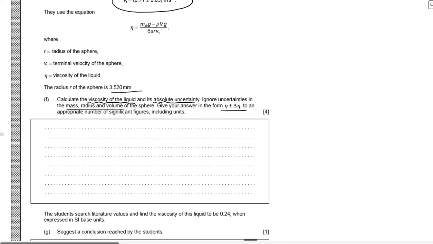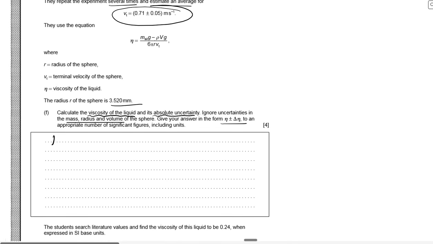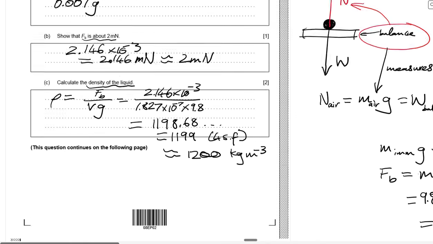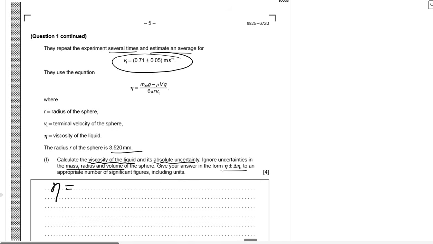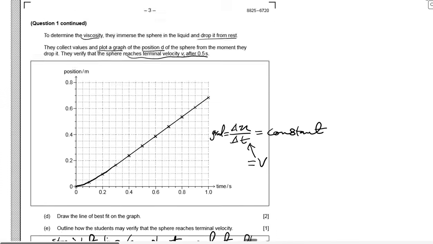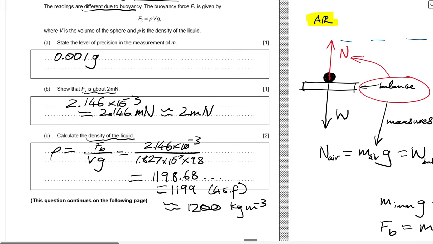Okay, so let's do this. Viscosity. So our viscosity is just m_air g, let's figure that out. We have, what's m_air, 1.427 times 10 to the negative 3 g, minus, we calculated the buoyancy force as 2.146.